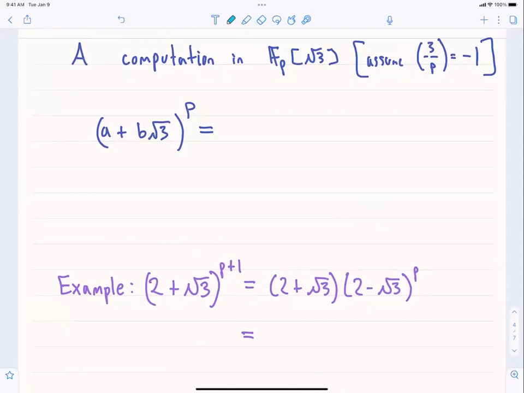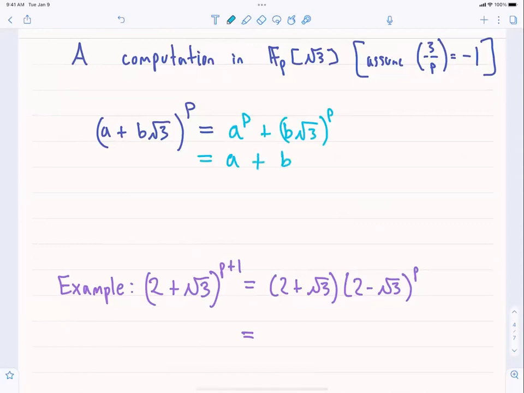So if I look at (a plus b square root of 3) to the p, then just like in the lecture on quadratic reciprocity, this is just a to the p plus b square root of 3 to the p. Well, a to the p is just a because a is in F_p.